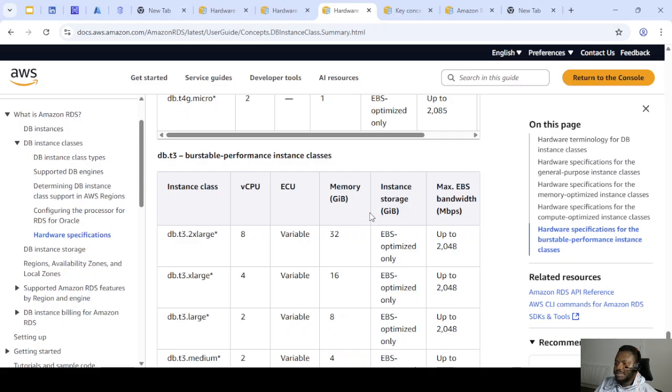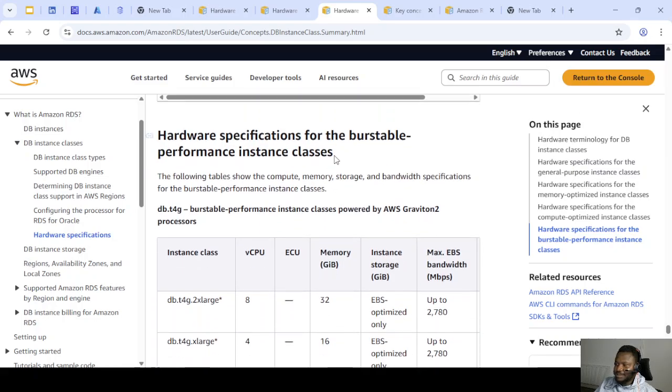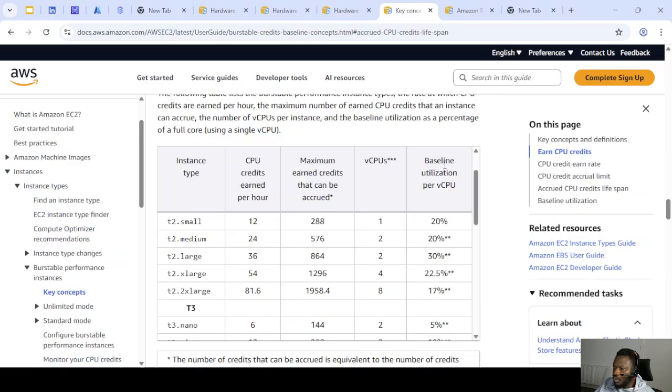And standard instances have a balance between memory resources, like memory optimized, and compute optimized, okay? But for burstable instance classes, guys, what are burstable instance classes? From the word burstable. This is very crucial for you to understand.